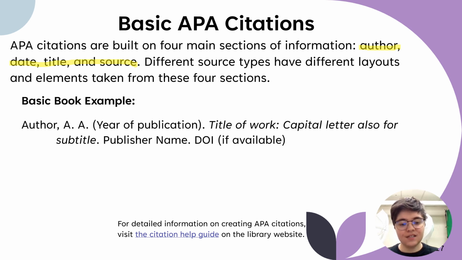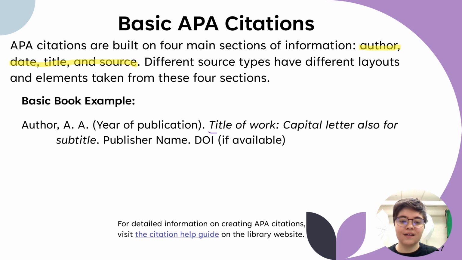The basic citation for a book should start with the name of the author, written last name, first initial, middle initial. Next is the year the book was published, which is put in parentheses, and you have the title of the book, which is written in italics.